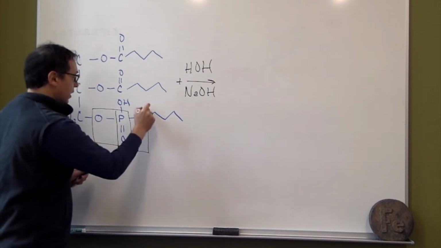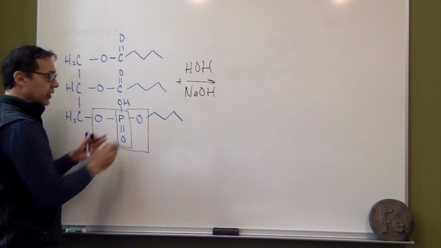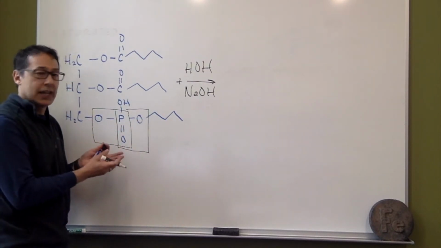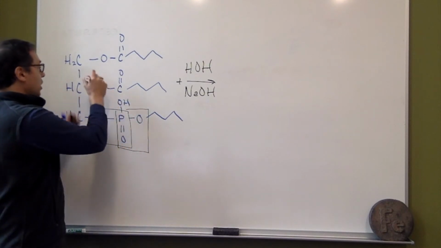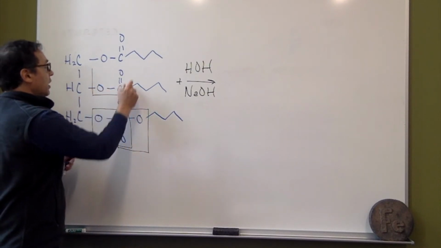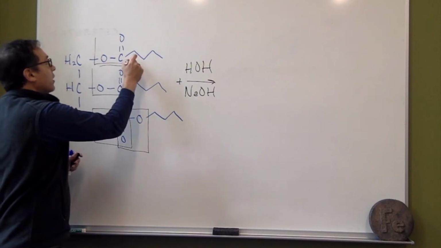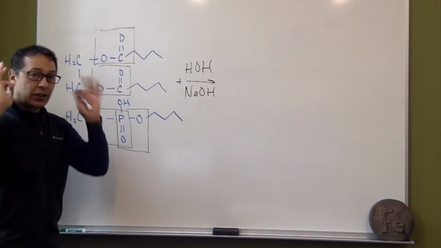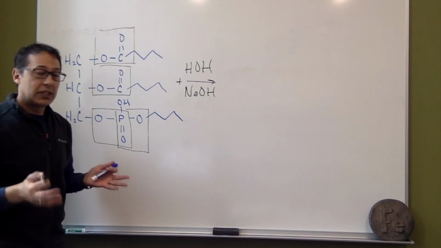Double bond O, and then the oxygen, and then carbons coming off of that. So we call this a diester. This right here is a diester, and this would be a single ester and a single ester, like that.